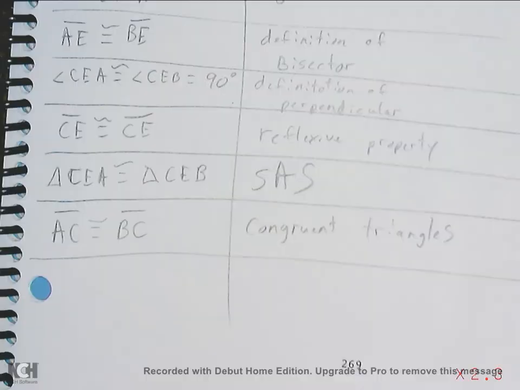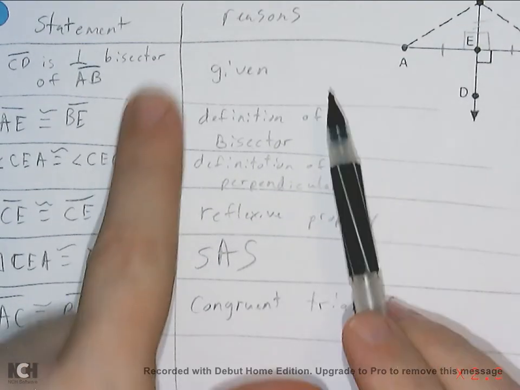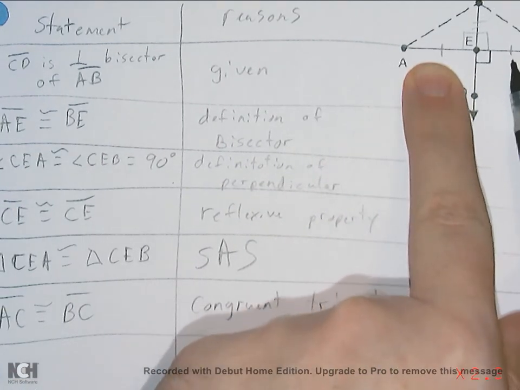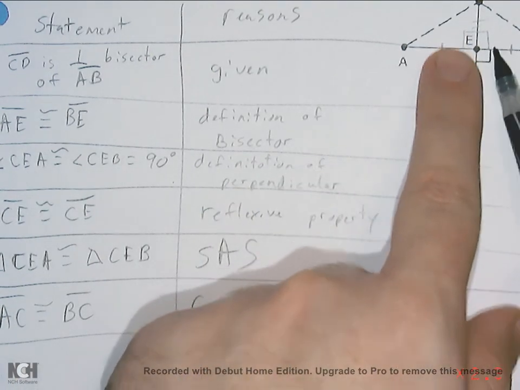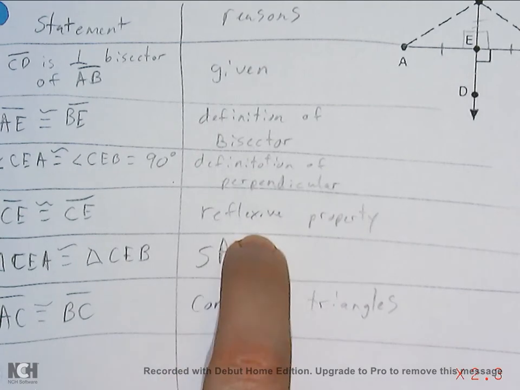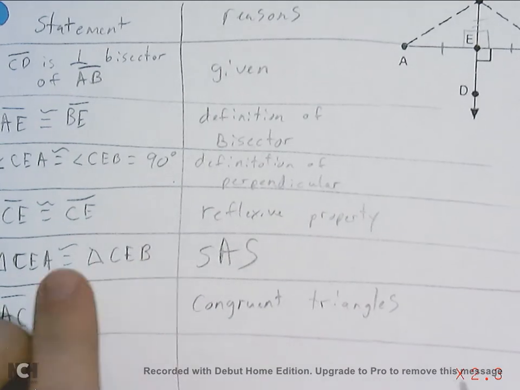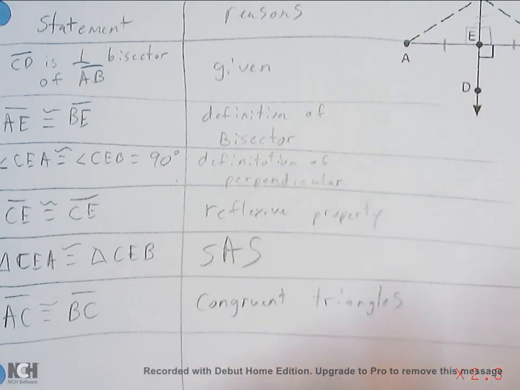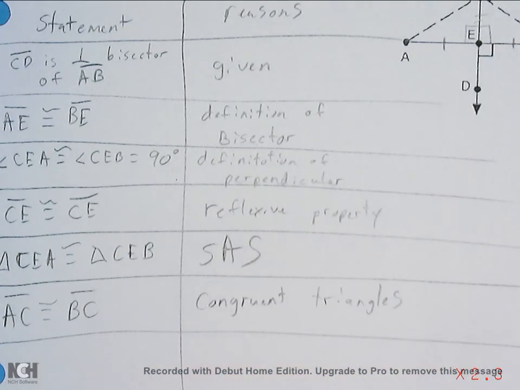Okay, so I'll zoom out here a little bit. You guys can see my proof in its entirety. There it is. So I started with what was given, figured out the two lines were congruent because of the bisector, figured out the two angles were congruent because of the perpendicular aspect of the bisector, figured out that the shared side was the same because of the reflexive property, and then with that information I could tell that these two triangles were congruent, which means that the last two sides there would also have to be congruent.